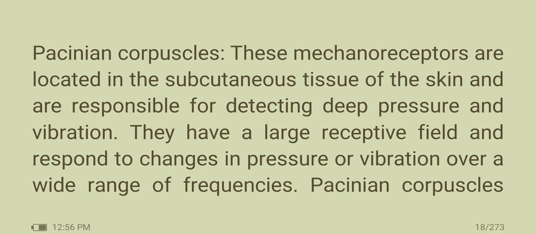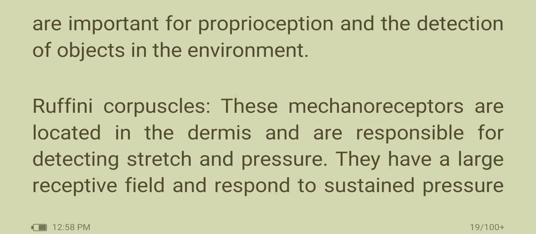They have a large receptor field and respond to changes in pressure or vibration over a wide range of frequencies. Pacinian corpuscles are important for proprioception and are important in the detection of objects in the environment.